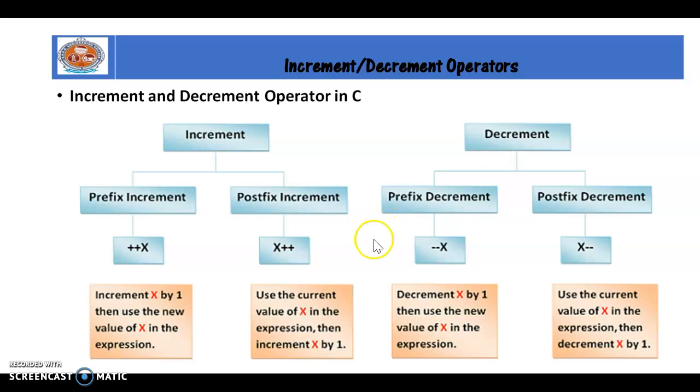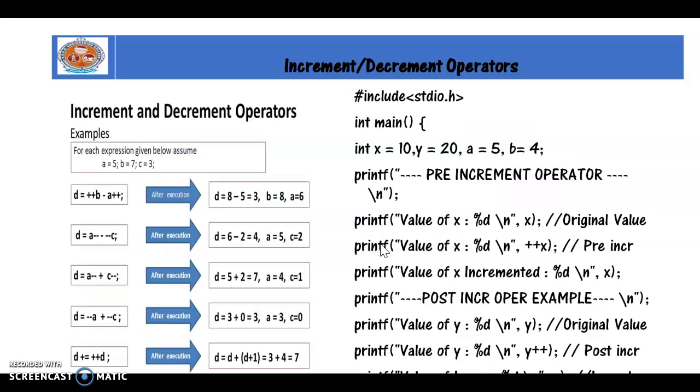Let us see it in a clear fashion in our program. If you observe, here are some examples given. See, here my a value is 5, b value is 7 and c value is 3. And here, what I am doing, d equal to pre-incrementation of b.